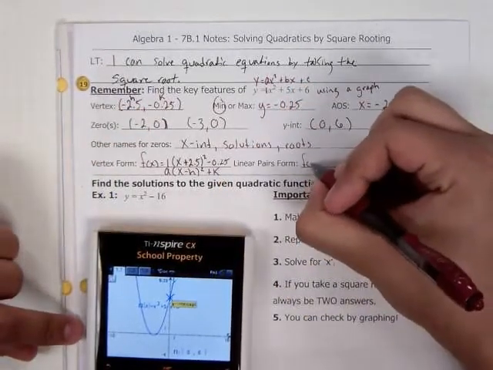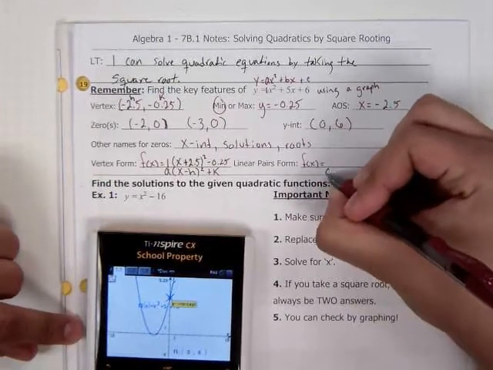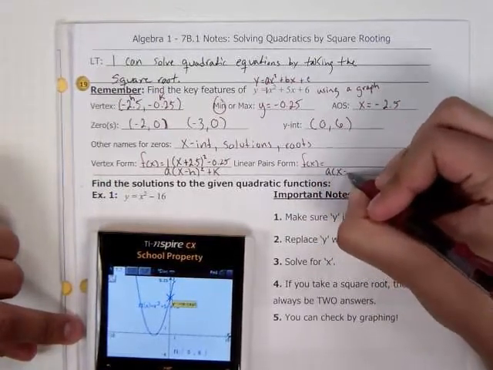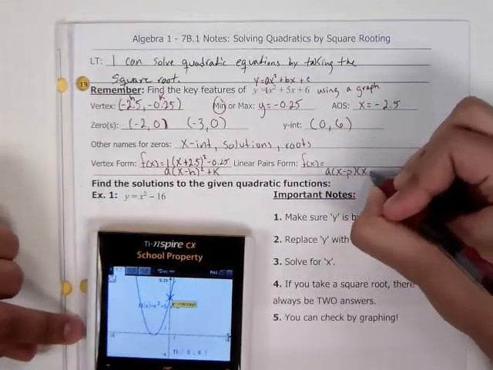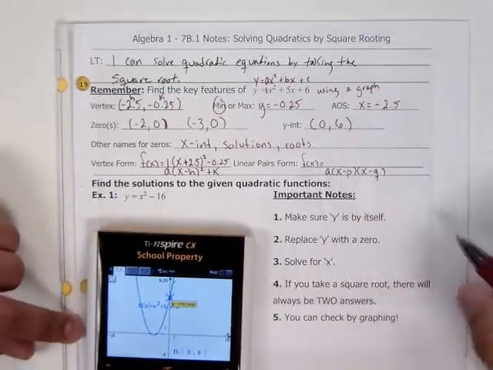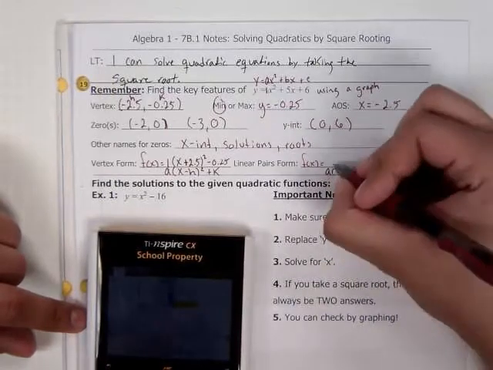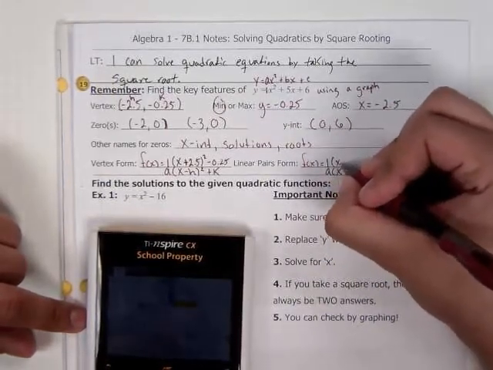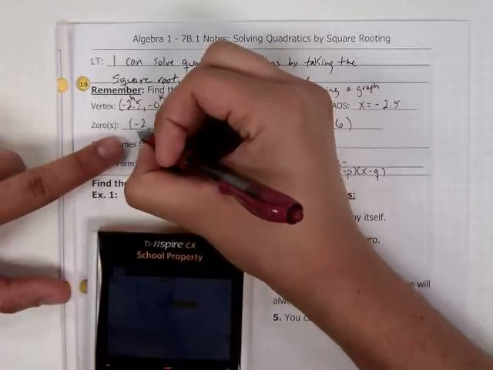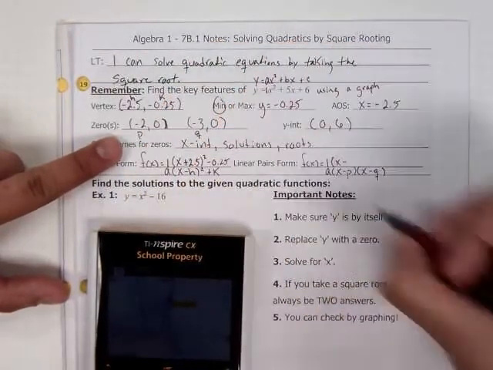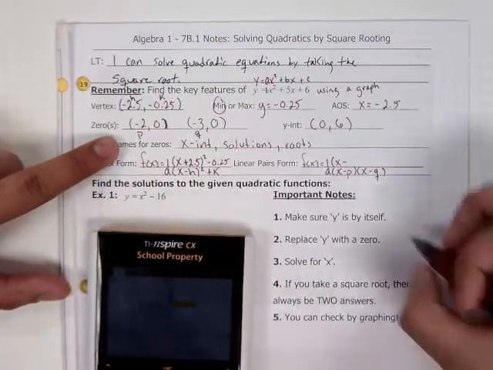Linear pairs is f of x equals a times x minus p times x minus q. Now here we need to find a, p, and q. We already know a, it's 1. X minus, our p and our q are our zeros.